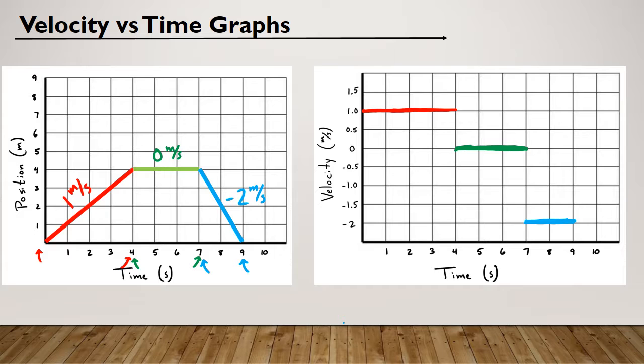And it's important to remember this negative sign right here. That negative sign just tells us direction. So this -2 shows up on our velocity graph because now that blue line is underneath the 0. And that just means that because there's a negative velocity, she's traveling in the negative direction.